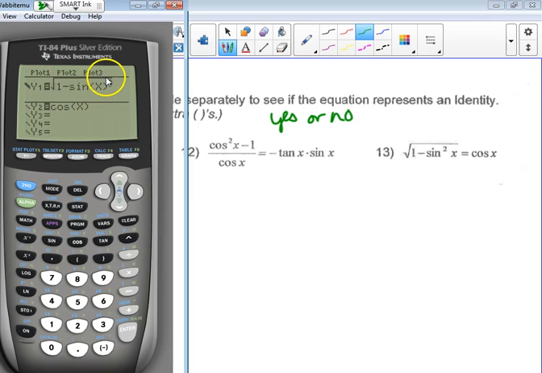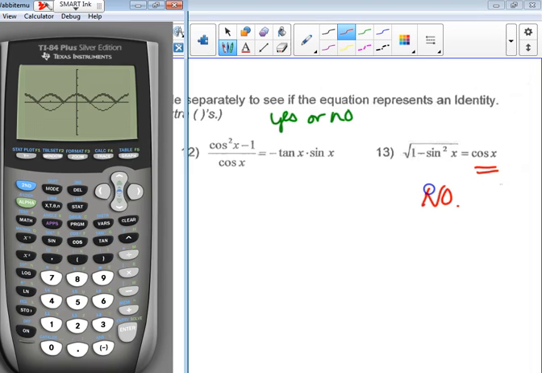With a big square root, and then a cosine is in my y2. They're not the same. Can anybody tell why? Yeah, cosine has negative values, and sine squared, once you square it, will only have positive values. So this is a no.